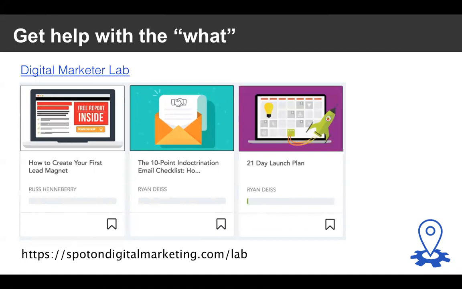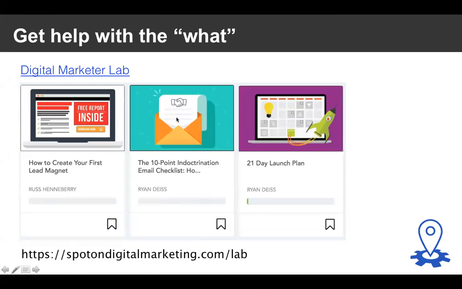And in the lowest level, they have three different levels. The lowest level is called Lab. They have a collection of what they call execution plans. There are about 30 of them, but the execution plans that I really recommend you look into are, first, how to create your first lead magnet.